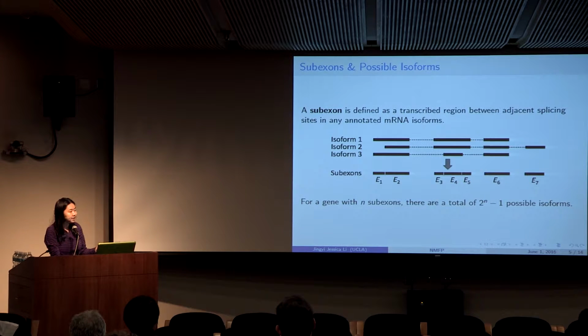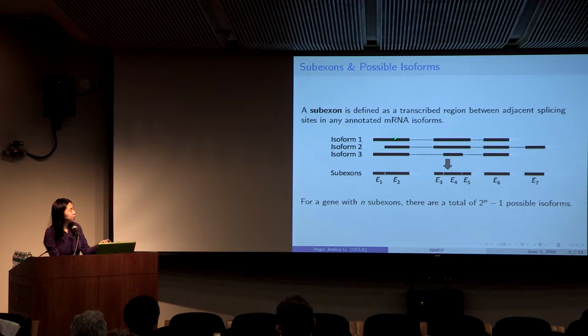In this setting, we calculate a space of possible isoforms by enumerating the possible combinations of exonic regions. Here we define every region between 2 alternative splicing sites as a subexon. These are the isoforms we know from the annotation.